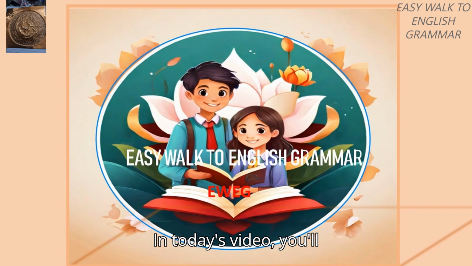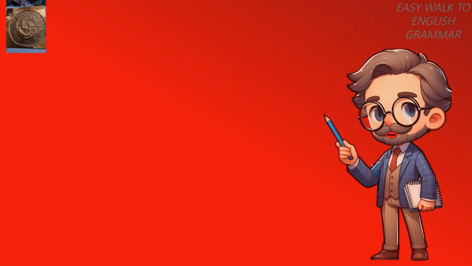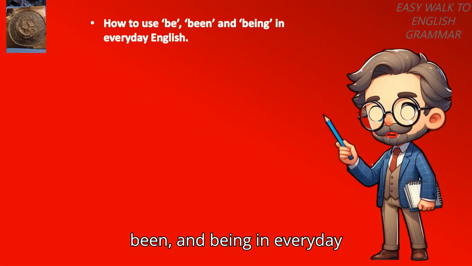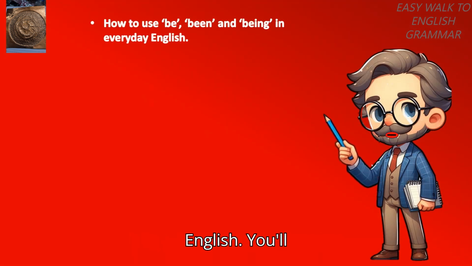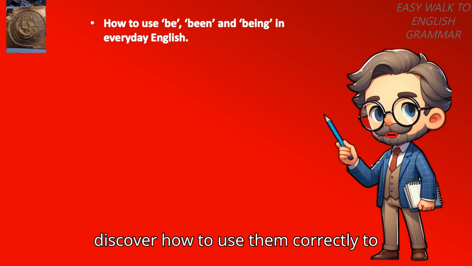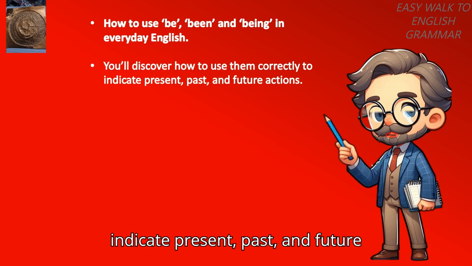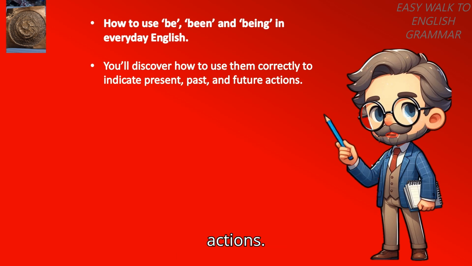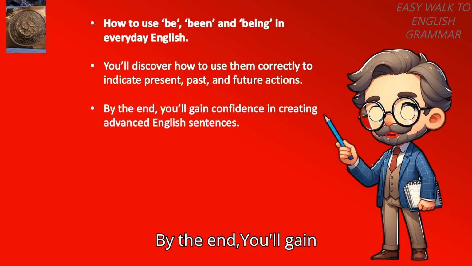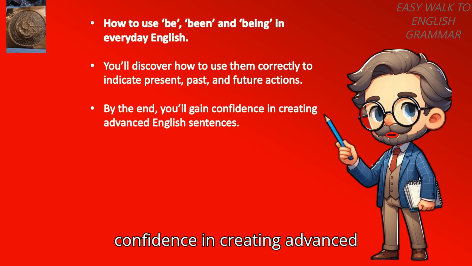In today's video, you'll learn how to use be, been, and being in everyday English. You'll discover how to use them correctly to indicate present, past, and future actions. By the end, you'll gain confidence in creating advanced English sentences.